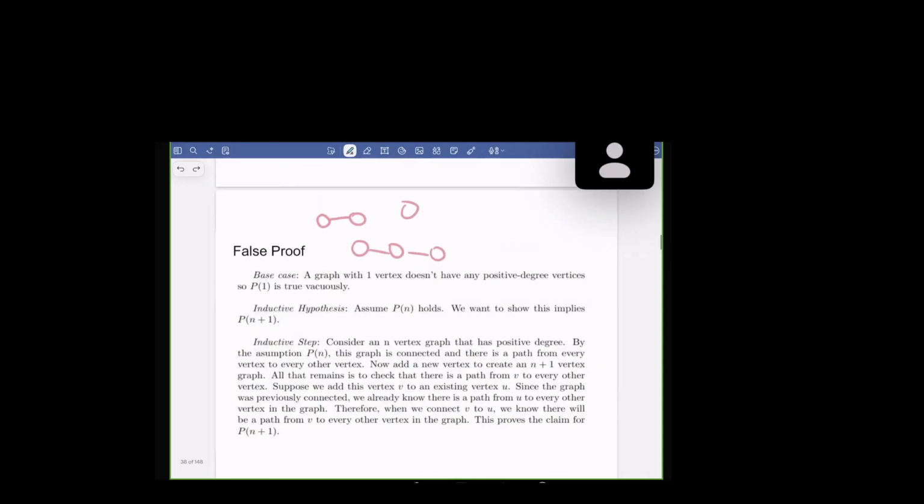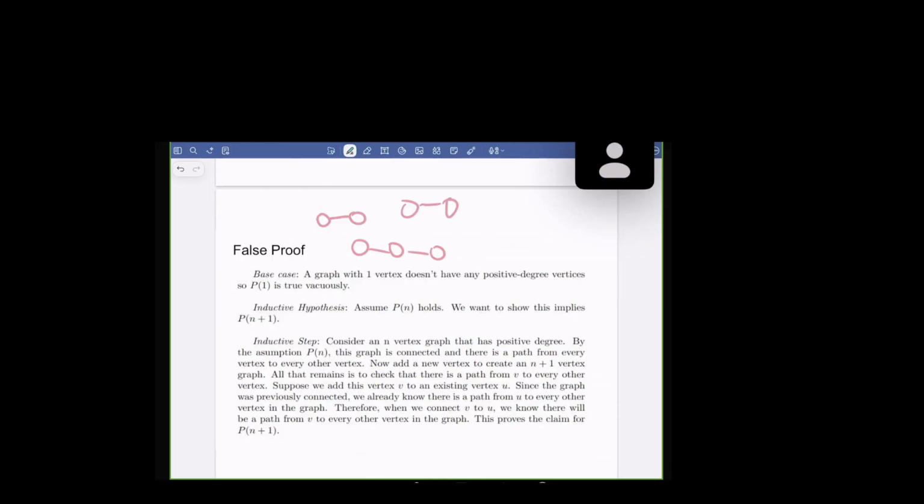But technically, when you're building the graph, you can fulfill the restriction of having a positive degree by adding two vertices at once and connecting those two together. So essentially, you can't just directly add it in, because you're not considering all the different cases of building up a graph.